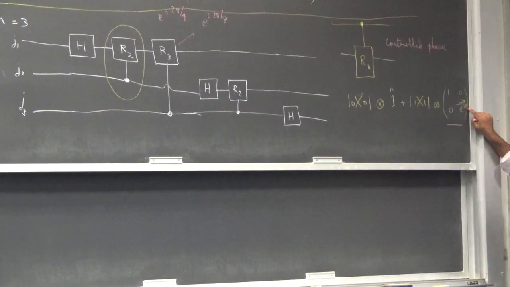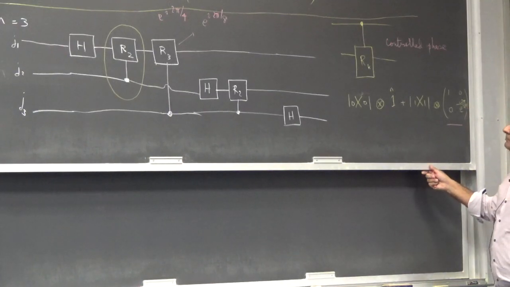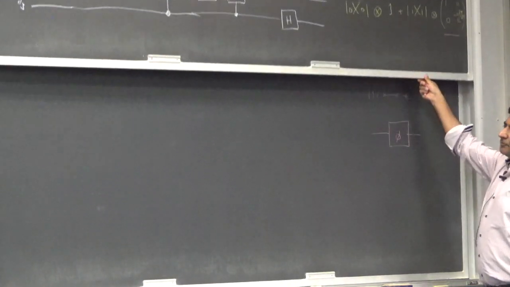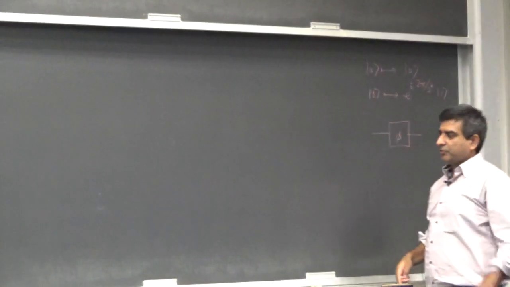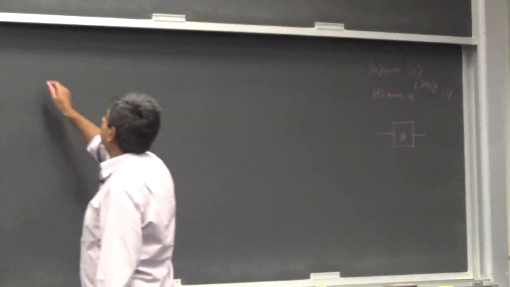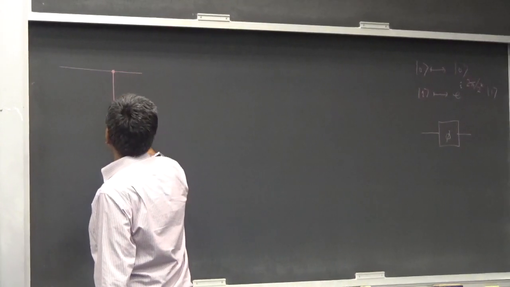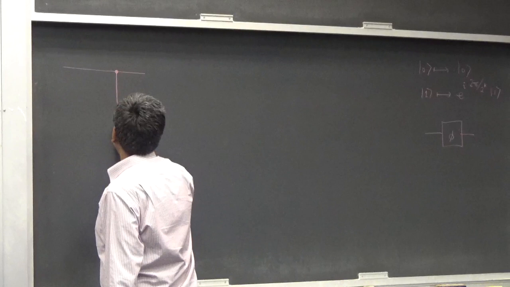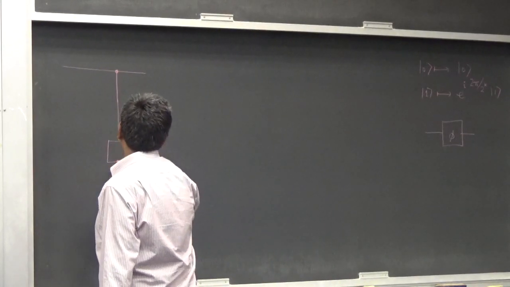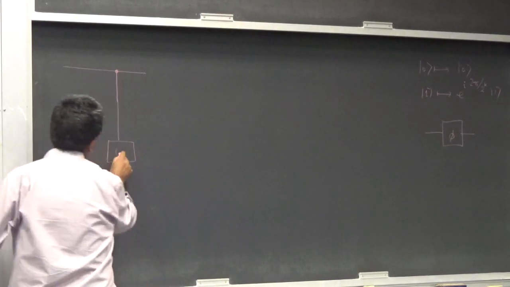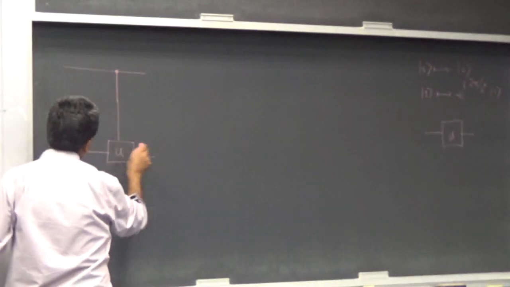Yes, sir. Like if it is controlled by the third qubit. So now let's come to the outer product thing. So that will answer your question. So if I have this thing here, say some rotation U, forget about R's for a minute.